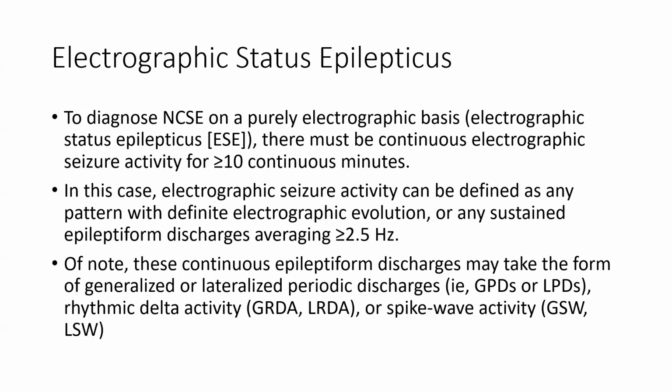In this case, the electrographic seizure activity can be defined as any pattern with definitive electrographic evolution or sustained epileptiform discharge averaging more than or equal to 2.5 per second. Of note, this continuous epileptiform discharge may take the form of generalized or lateralized periodic discharge or spike wave activity.